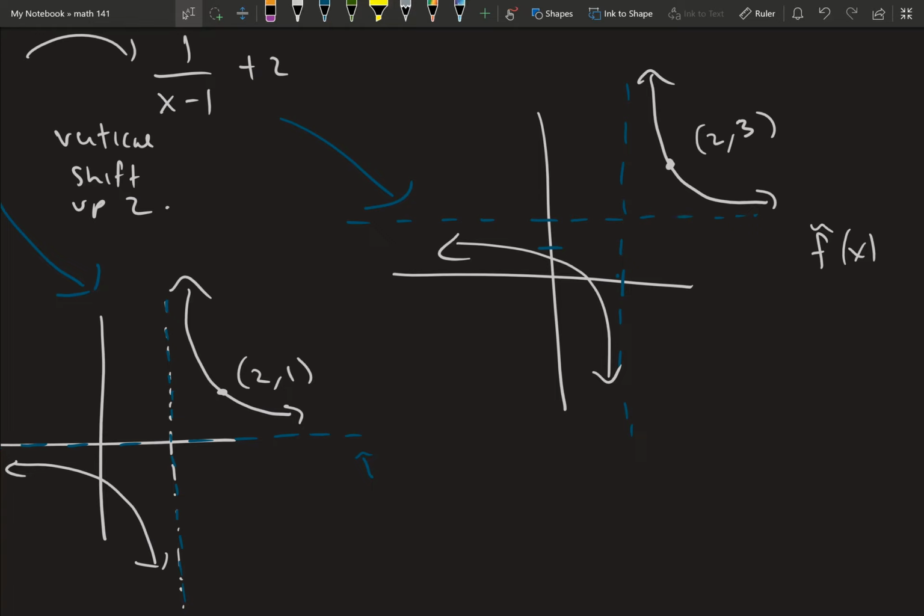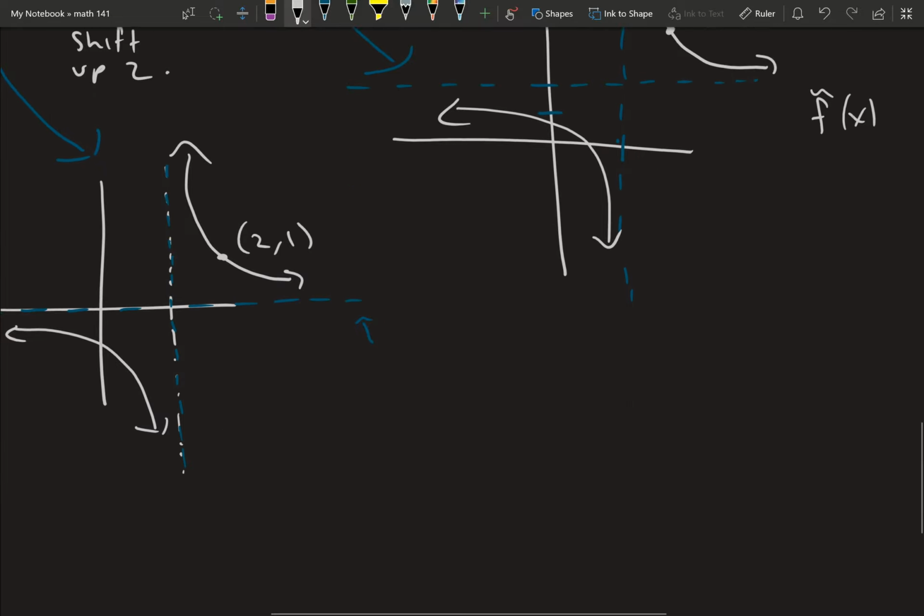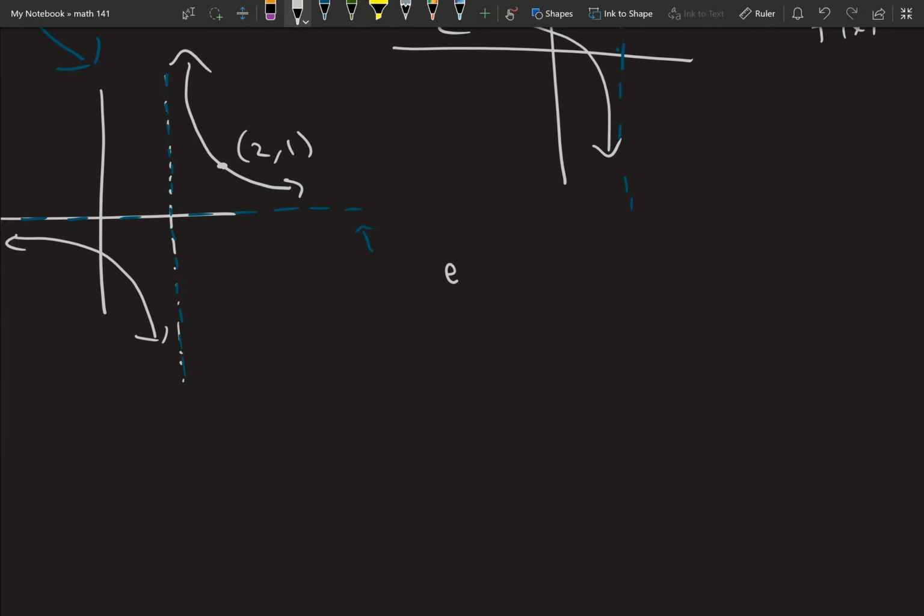Okay, let me leave you here with an exercise. Go ahead and graph f tilde of x being, let's use the absolute value again, absolute value of x minus 4, minus 6.